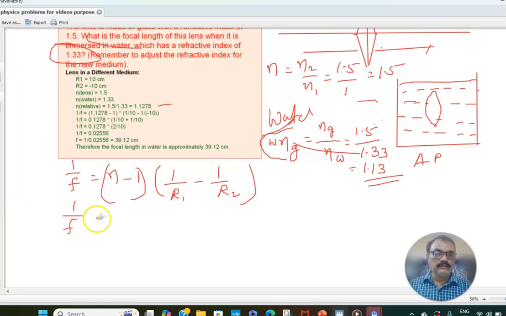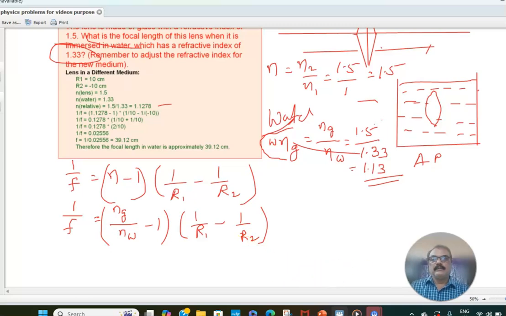So let's straight away substitute. 1 by F is equal to N glass by N water minus 1 into 1 by R1 minus 1 by R2, right? These are the things to be noted. Then after that it is very simple. Everybody can do it. 1 by F is needed to calculate this one.